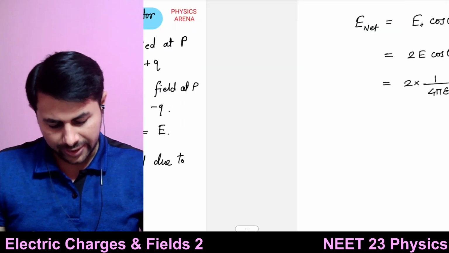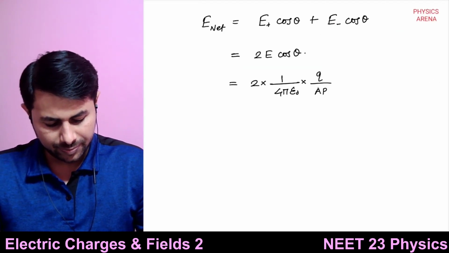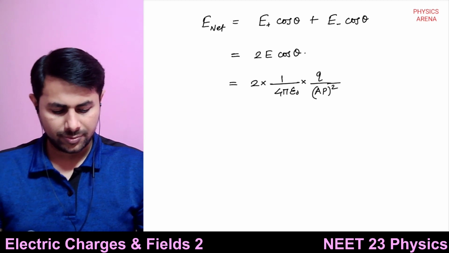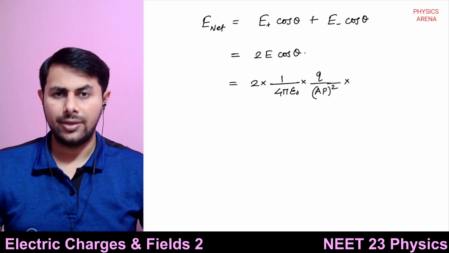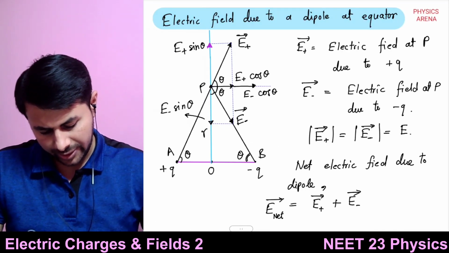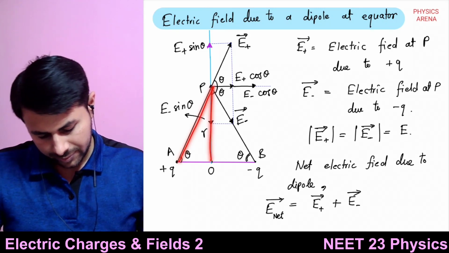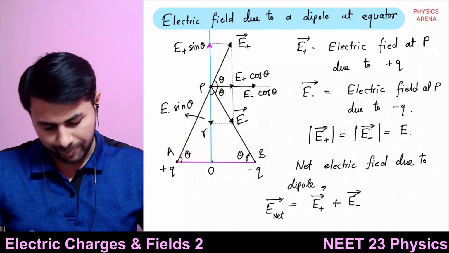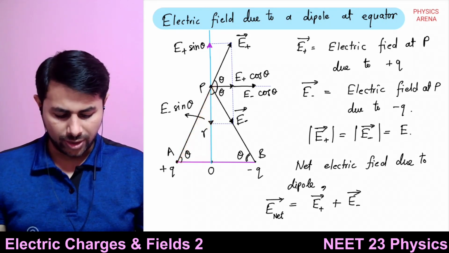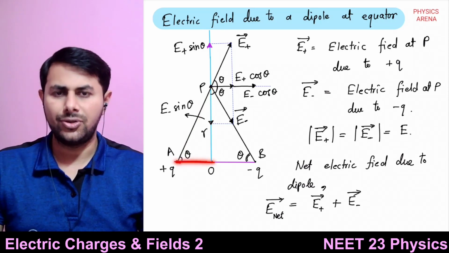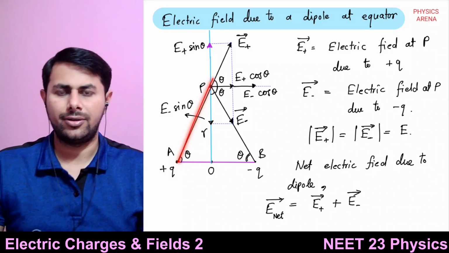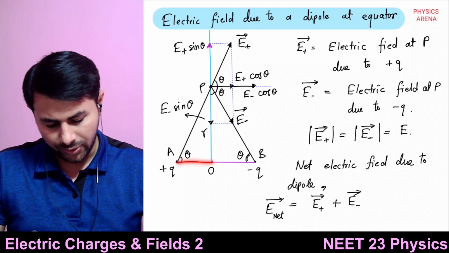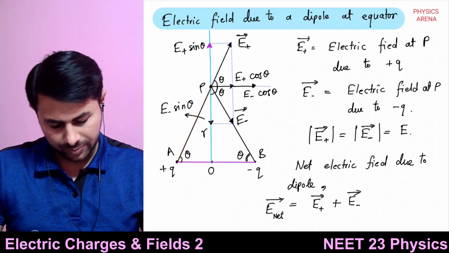Let's write AP square. And if we see this triangle APO, then cos of theta is QO divided by AP.